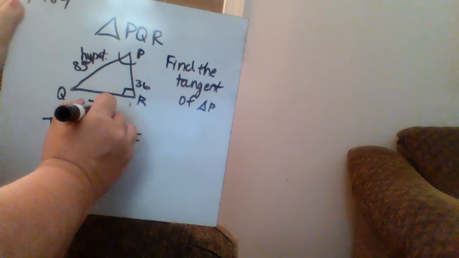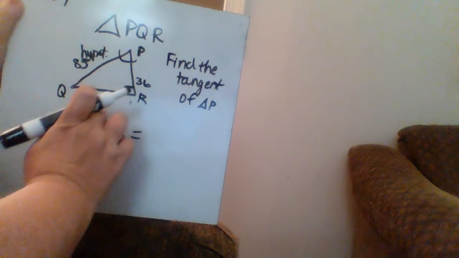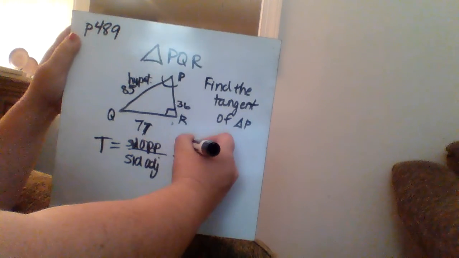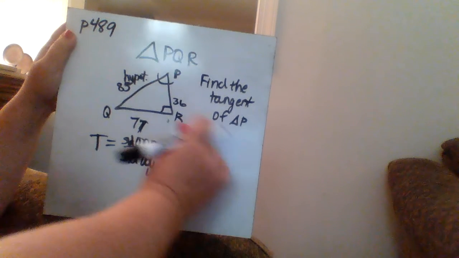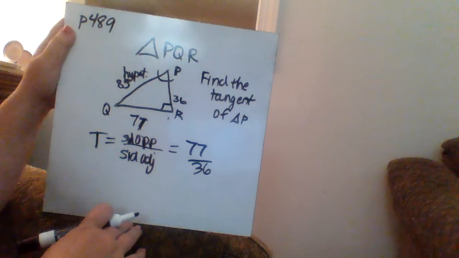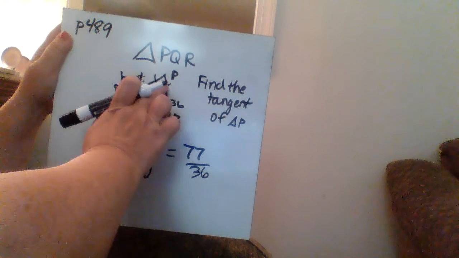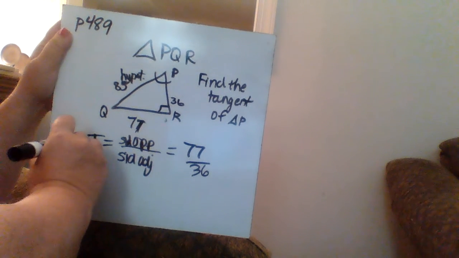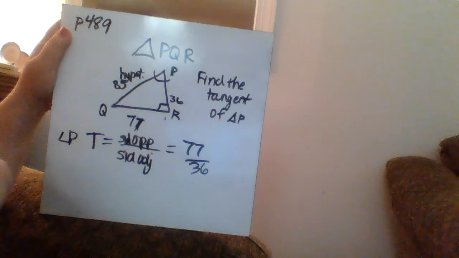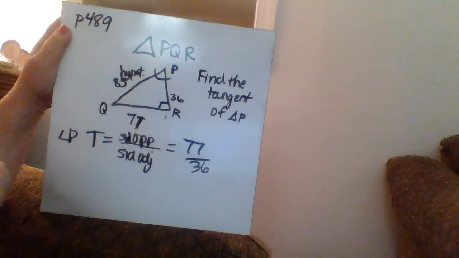So we're going to take our side opposite, 77, and put that over our side adjacent, which is 36. So our tangent of angle P is 77 over 36.